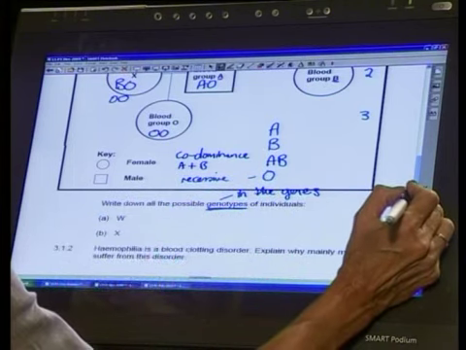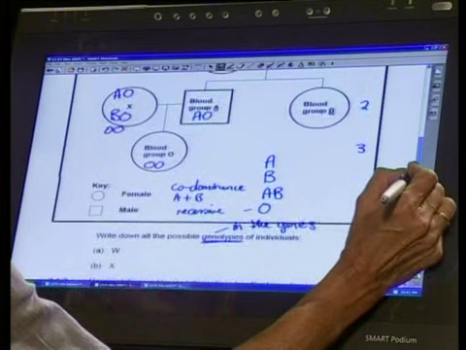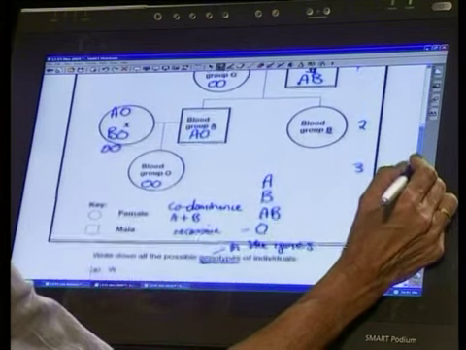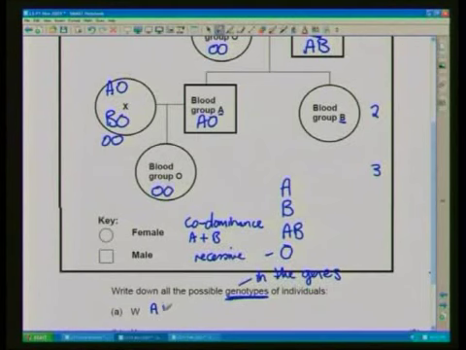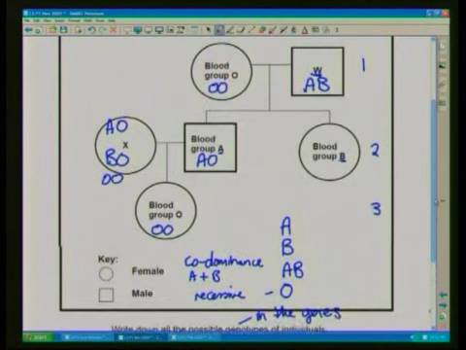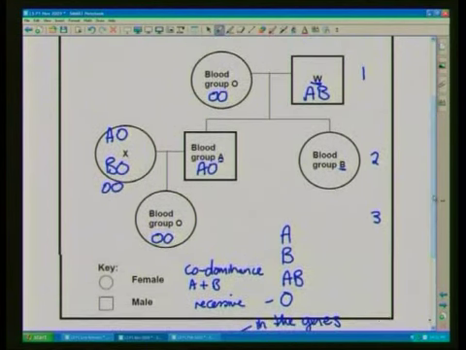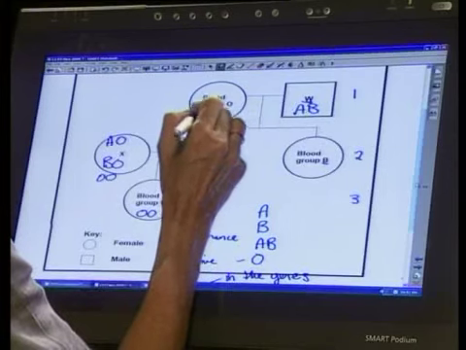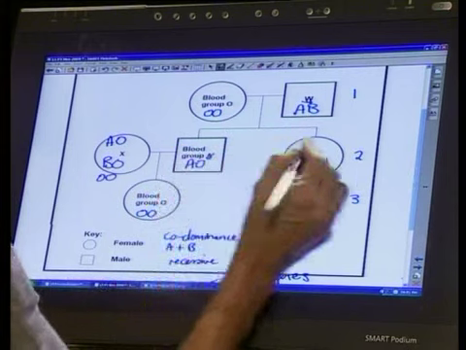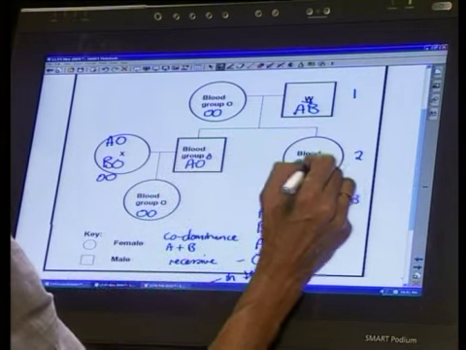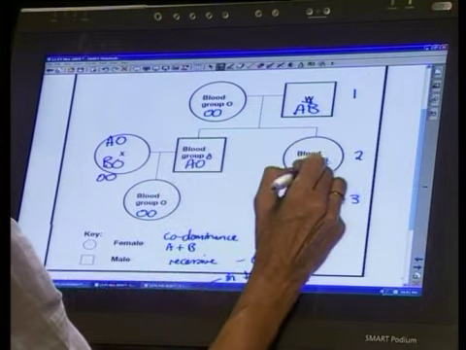So all we do is we scoot up here a little bit. And W can only be AB. It can't be anything else. Do you see that? To be O, it must be OO. But if we're going to have a baby here that's A and a baby that's B, then that baby must be BO as well.